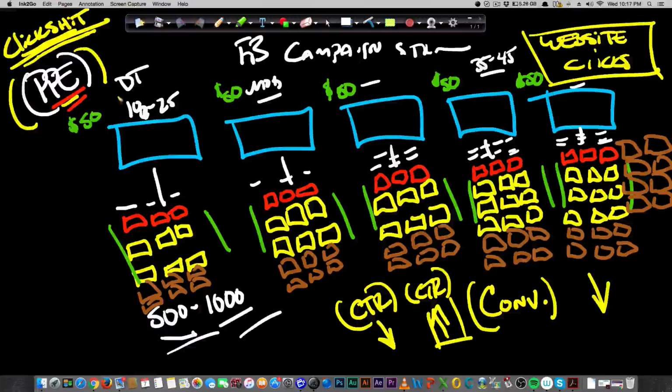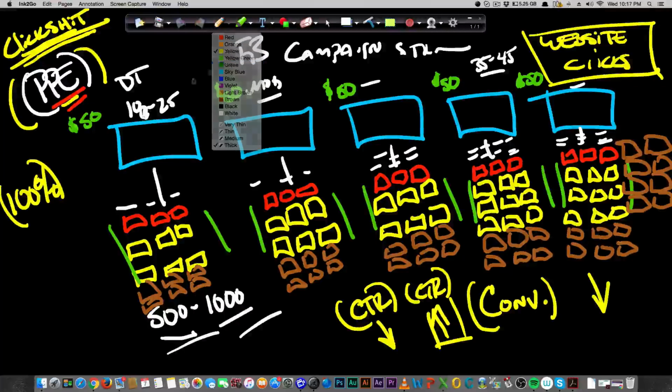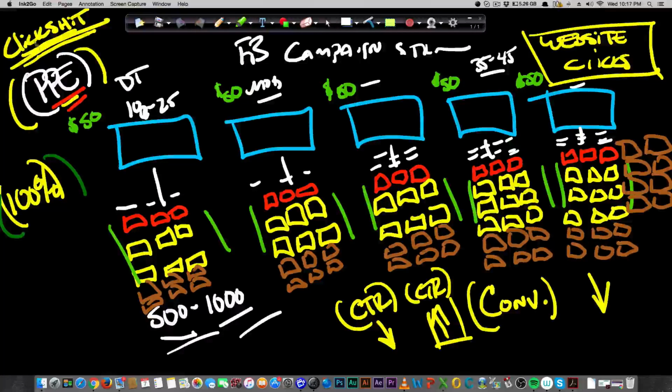People stop using this, and I started doing this recently with affiliate marketing. And I started noticing that, first of all, I was converting. I was getting 100% ROI on my ads, right? That's the first thing. And I wasn't using website clicks or conversions.